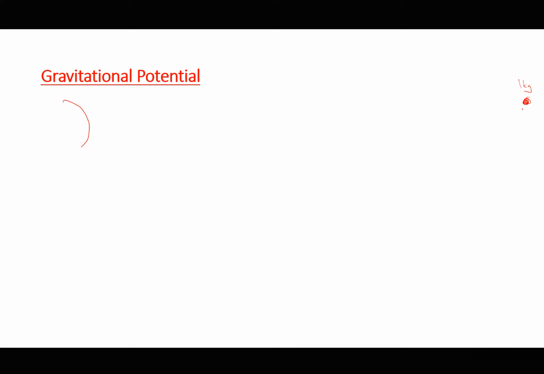Of course, when it is at infinity, the force due to the Earth is 0 because the gravitational field strength at infinity is almost negligible. That means the potential energy for this object at infinity is 0. Now remember, it is a unit mass.